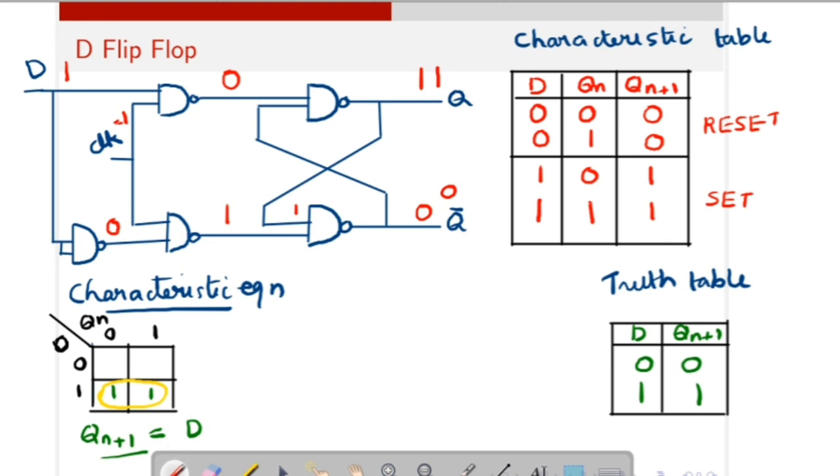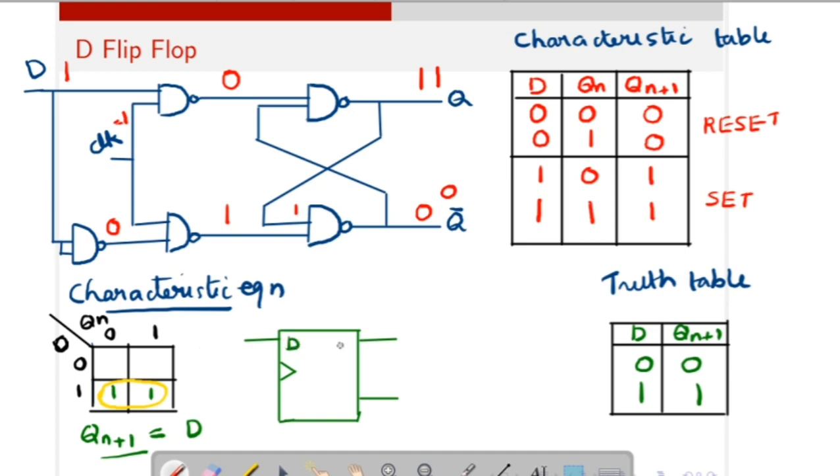Next we can draw the logic symbol for this D flip-flop. It has one input D, two outputs Q and Q bar, and then the clock signal. So we can mark all this.